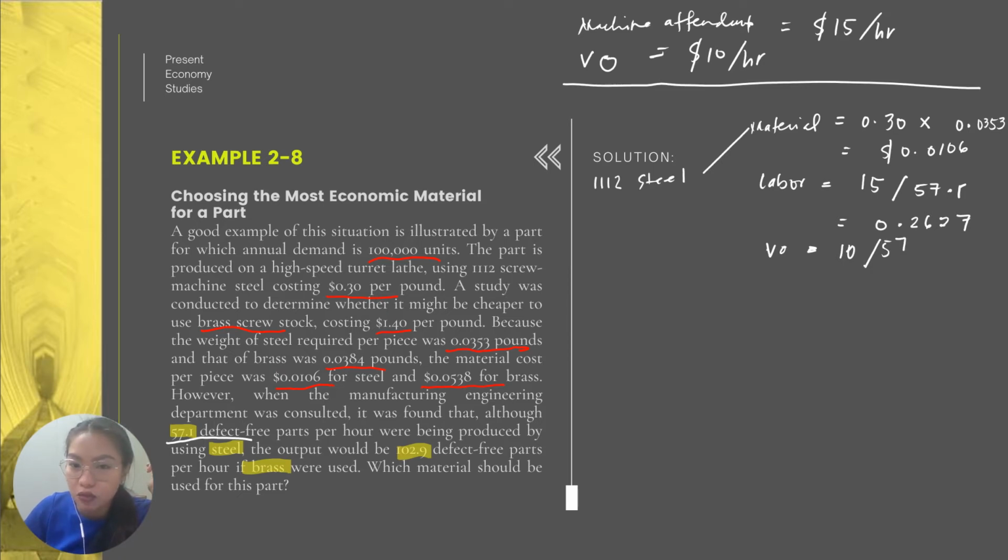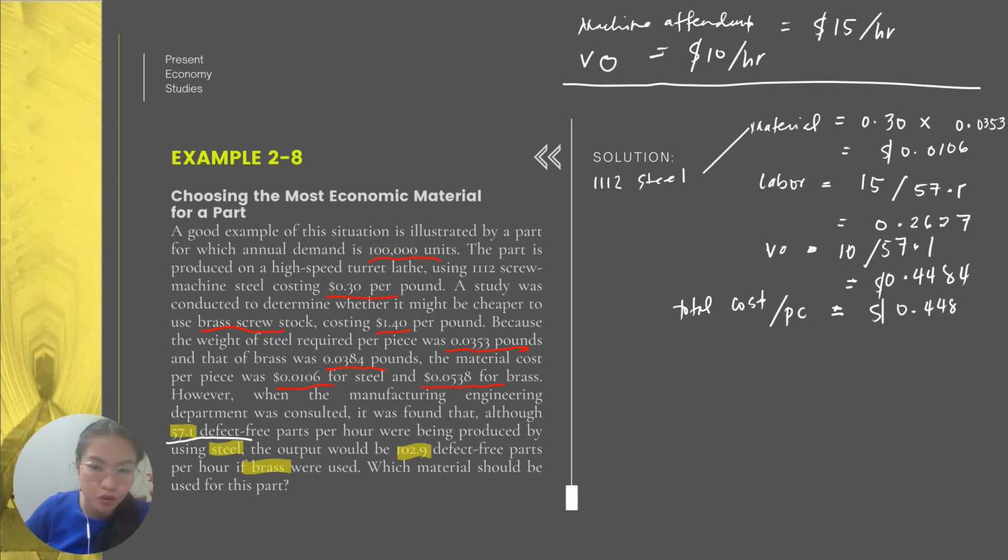Steel is 57.1. So you will get 0.4484. And the total for steel per piece, when you sum it up, is 0.4484.